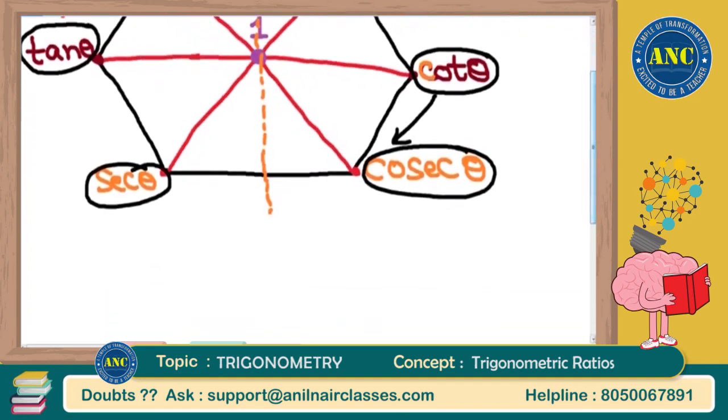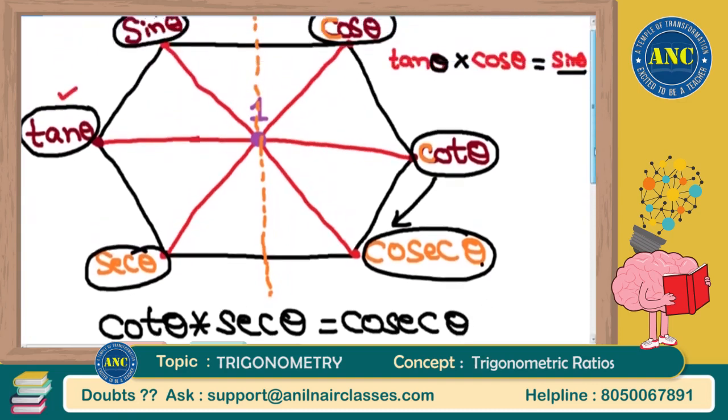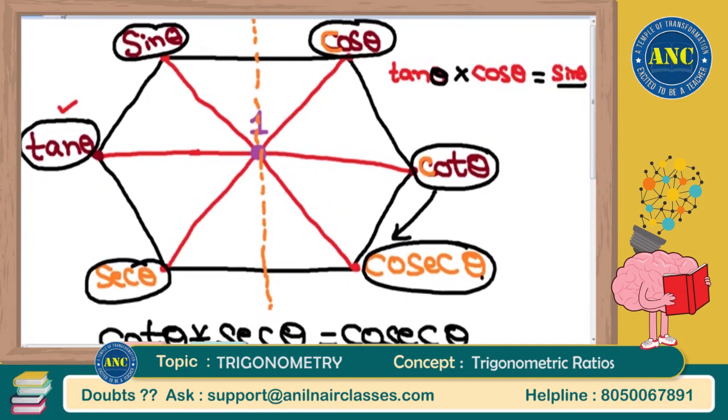No need to learn by heart. I don't want my student to learn by heart. If I start with cot as the first value and secant as the last value, the product of first and last will give you the trigonometric function in between those two, which is cosecant. Take any three of your choice which are consecutive to each other. Remember, it should be consecutive.